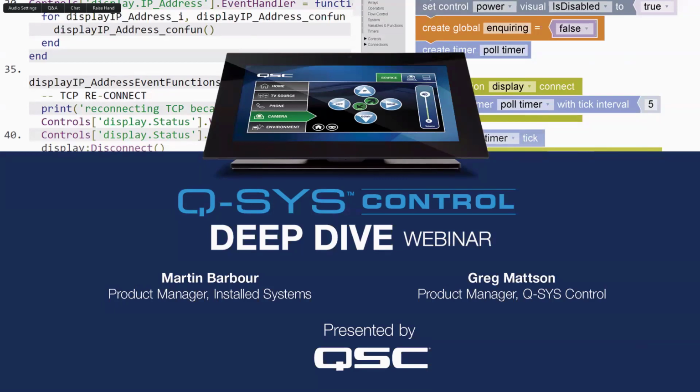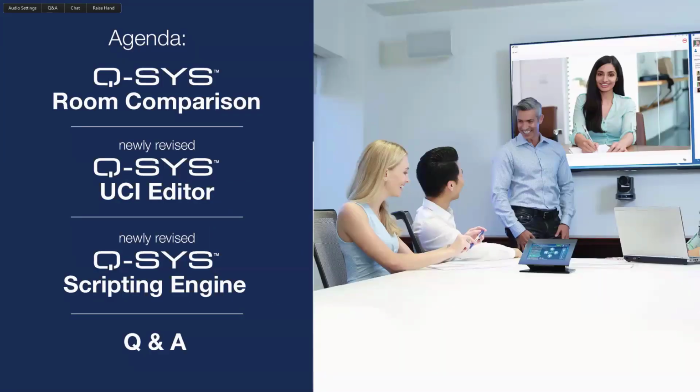And so I'm going to quickly bring up the agenda slide so that you can see the order of operations and where we're going to be going today. So first, we're going to start off with a little bit of a room comparison of a traditional system in a conference room, and then we're going to compare that to what the Q-SYS system looks like in terms of both hardware and cost analysis.